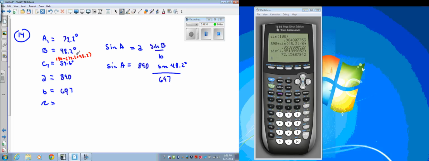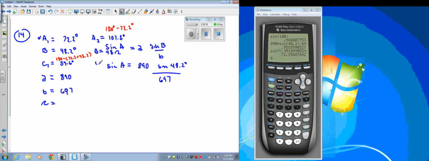Now, remember that this was the one we calculated. The supplementary angle, the one we're going to figure out by doing 180 minus 72, is going to be, what, 107.8? Is that right? Now this has got to come across as 48.2, right?